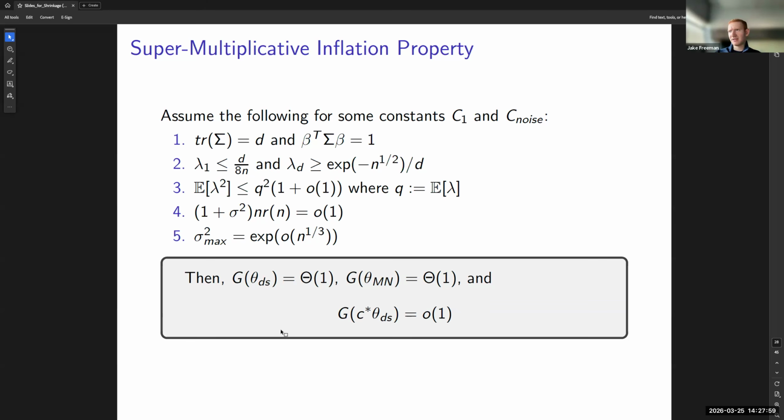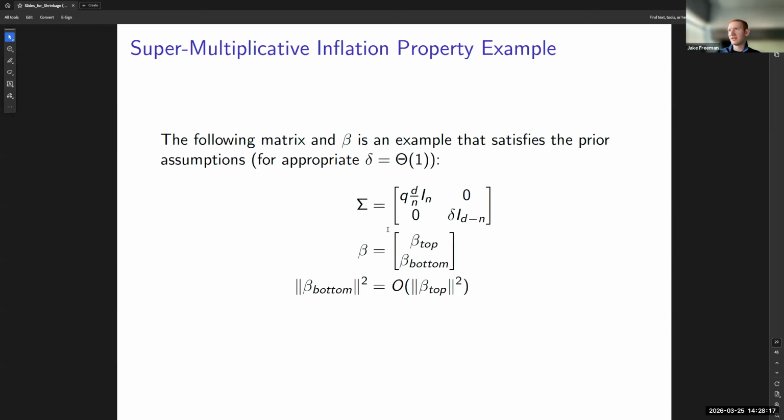One thing to comment here is that in some cases, it may be possible to show this result for the regular minimum norm interpolator, but it is significantly less tractable. Here is a quick example of one that obtains it.